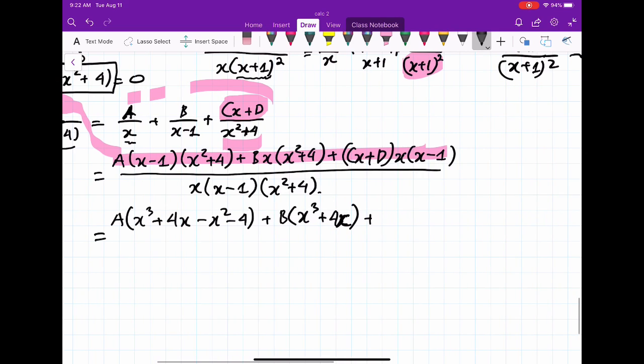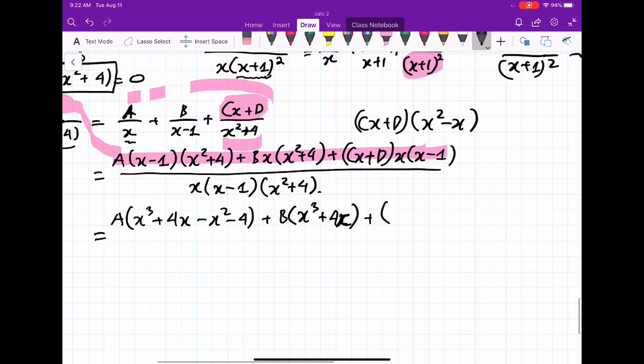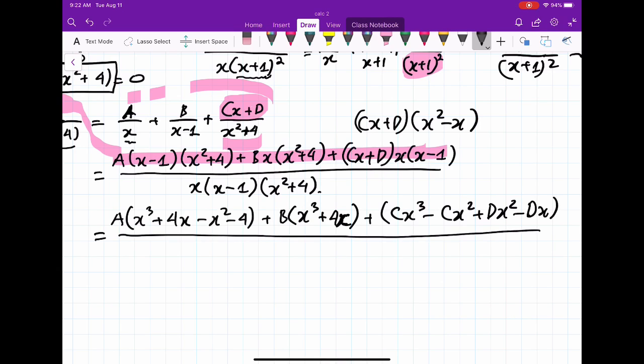And here I can write cx plus d and then x squared minus x. So I have cx cubed, sorry, minus cx squared plus dx squared and then minus dx. Everything divided by x, x minus 1 and x squared plus 4.